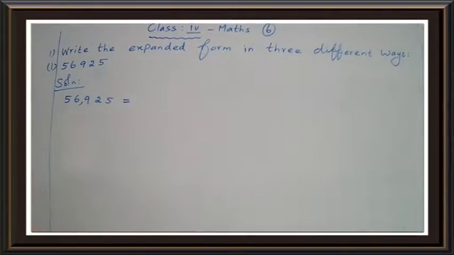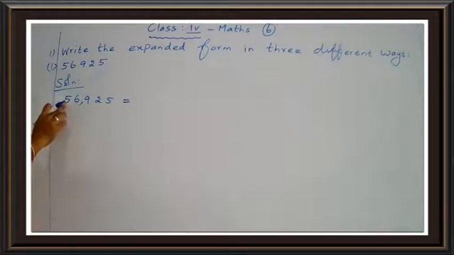Okay, children. So first digit is 5. What is the place value of this 5? Your expanded form: when we write a number as a sum of the place values of its digits, that form of the number is said to be the expanded form.